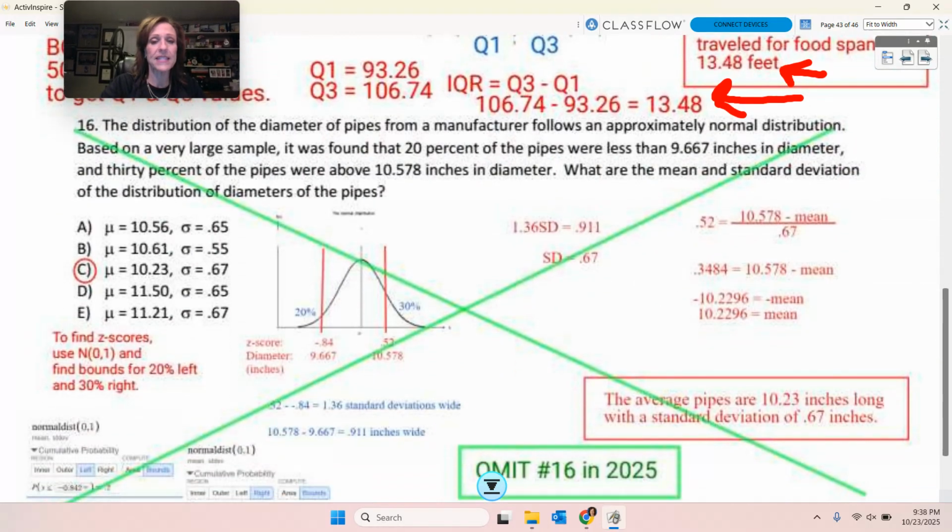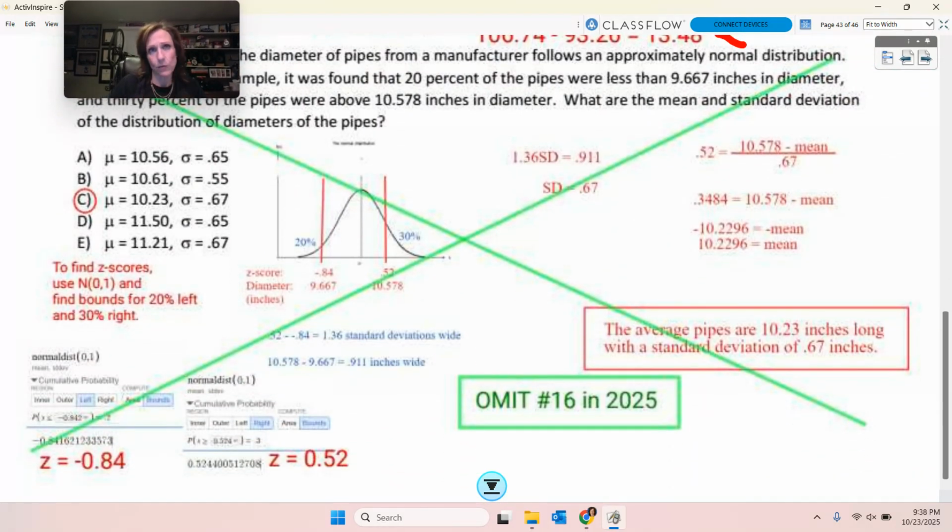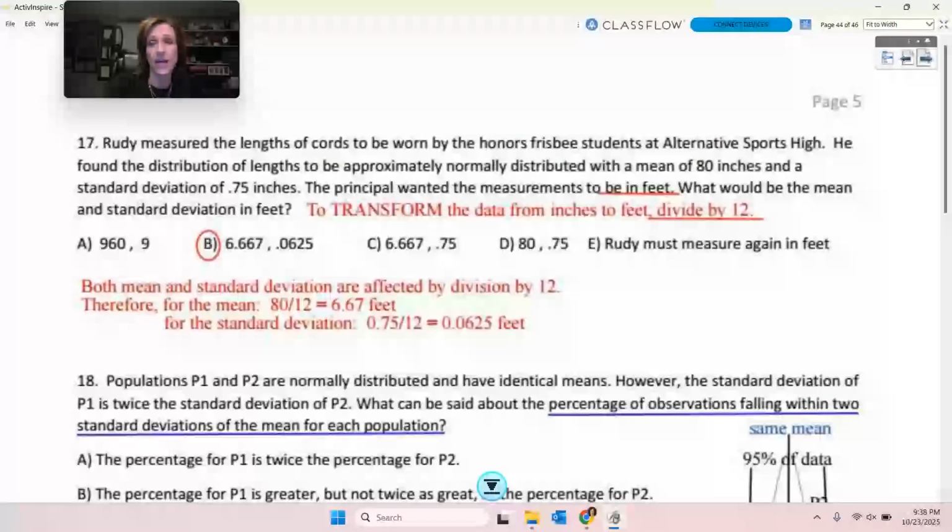All right, we skipped 16 because that was finding a mean and a standard deviation at the same time, and I did not have a chance to teach you that. So here we were transforming, and that one was dividing by 12 when we were going from inches to feet. Somebody asked me, how do I know if I multiply or divide? Well, think of a common one.